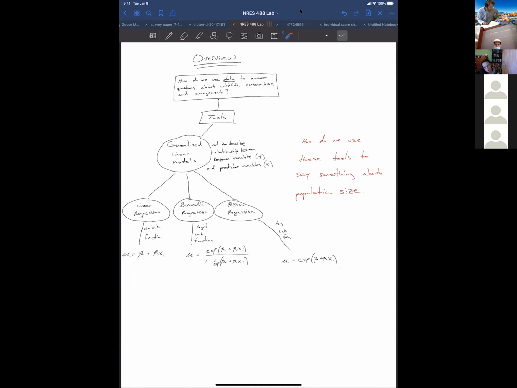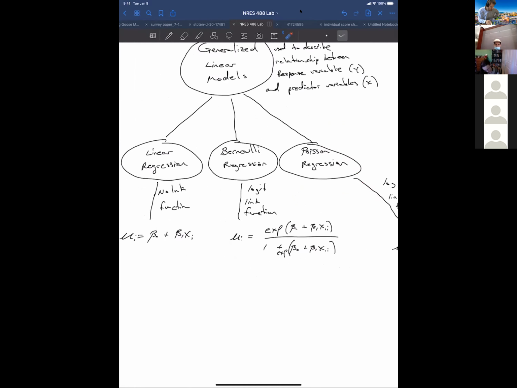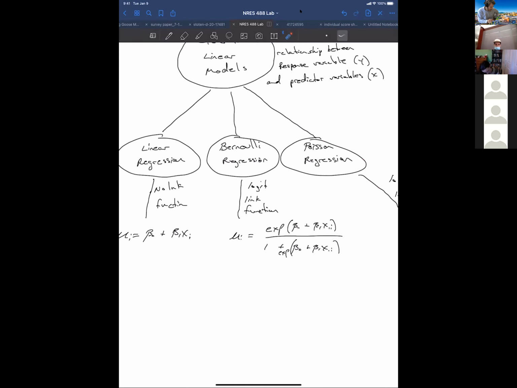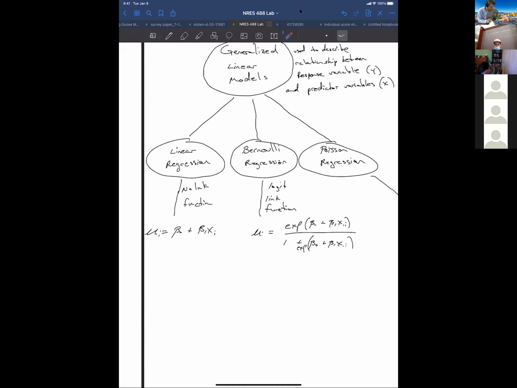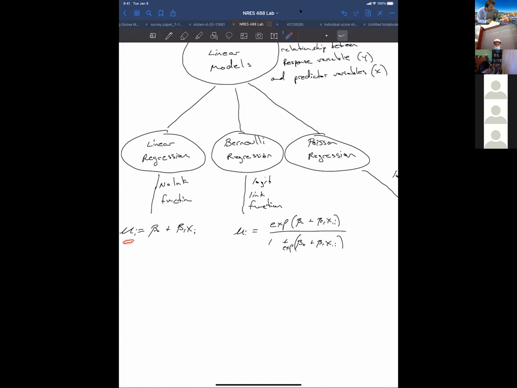A lot of the differences between these types of models can be described in what type of link function we have. With linear regression, we have no link function, meaning we have our expected value mu i equals just beta 0 plus beta 1x. We don't have to do anything to beta 0 plus beta 1x to get our expected value. With our Bernoulli regression and our 1, 0 data, we have to make a transformation of our beta 0 plus beta 1x. And that transformation is the inverse logit function, and it's described by this equation here.